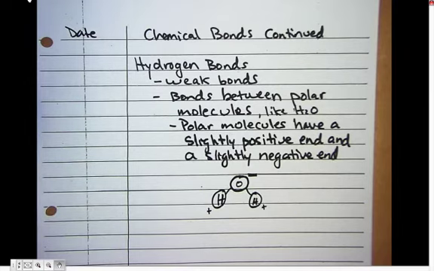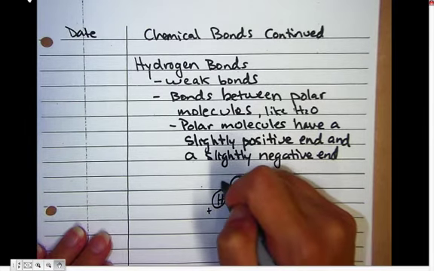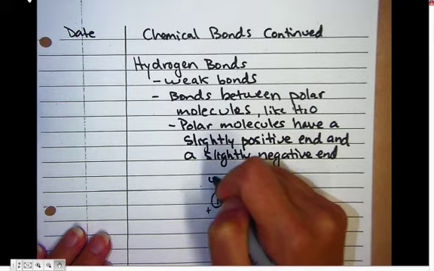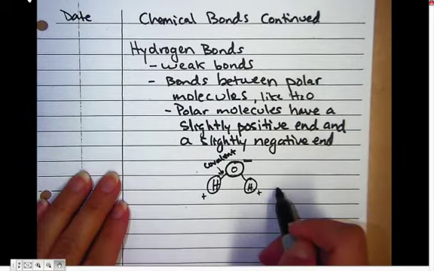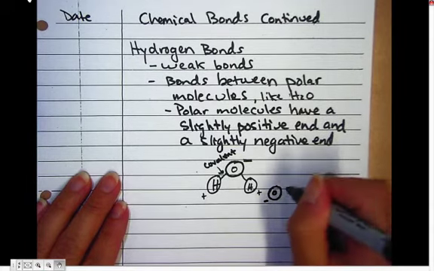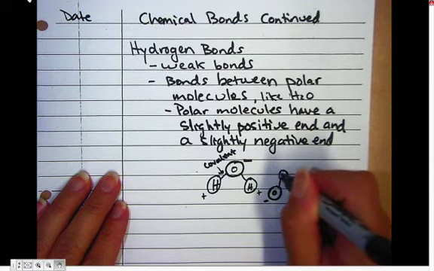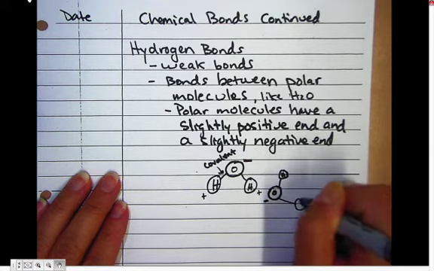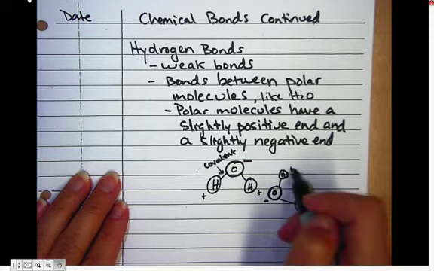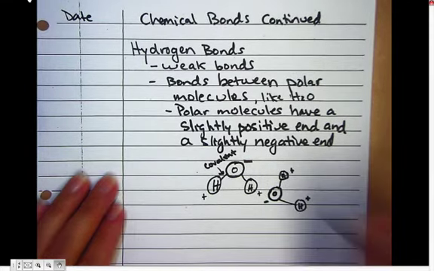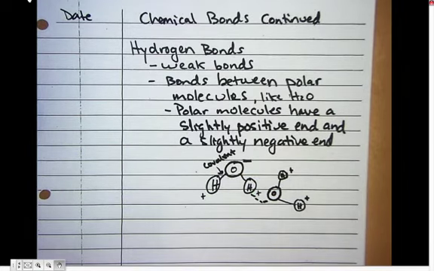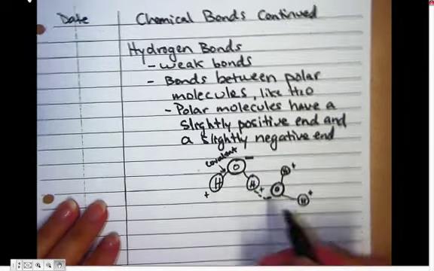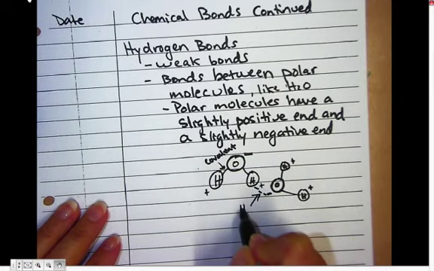And this bond right here is covalent. Remember, we said that before, it's strong. But what happens is another water molecule will come over here and it's got its slightly negative end, and what happens is we get this bond and this dotted line, and that is your hydrogen bond.